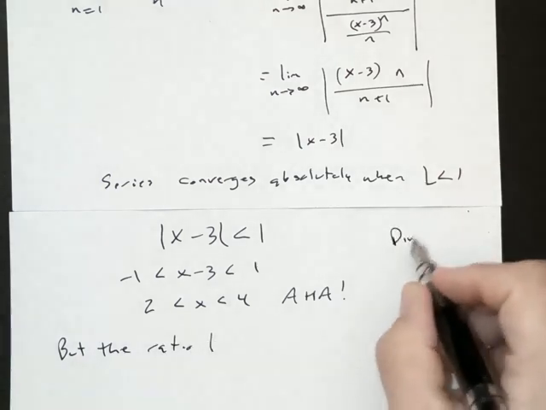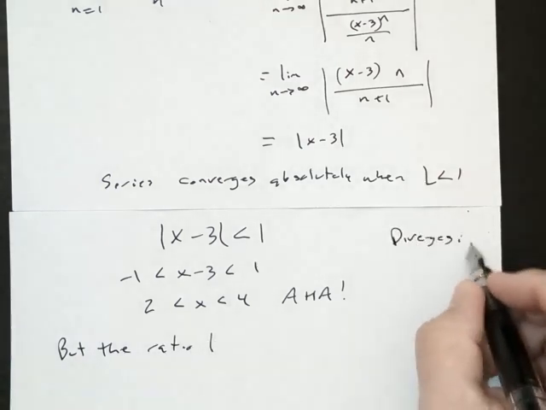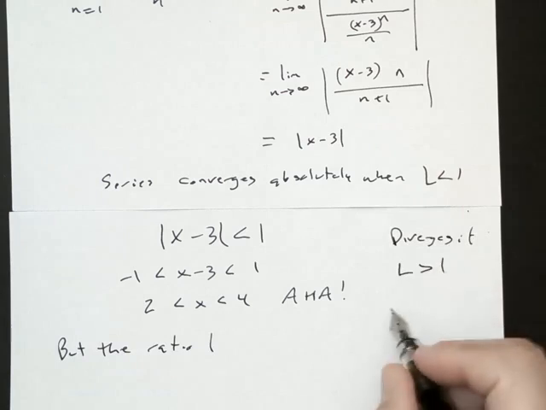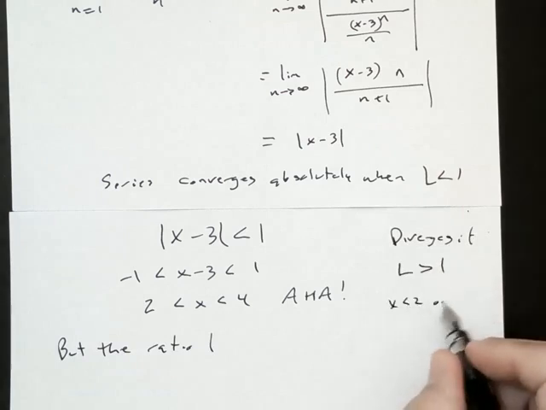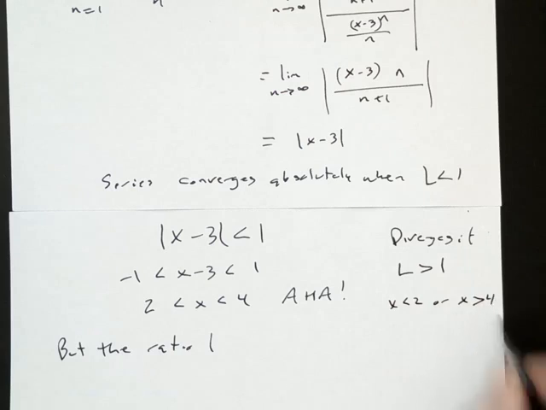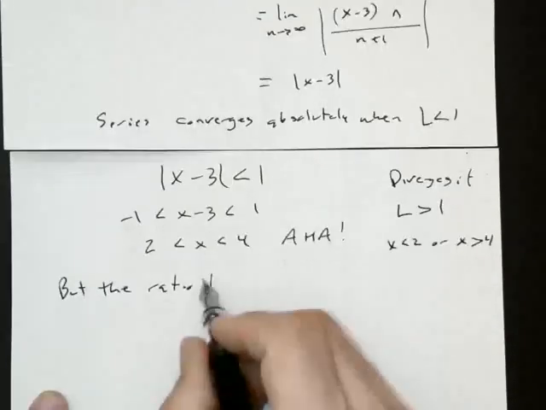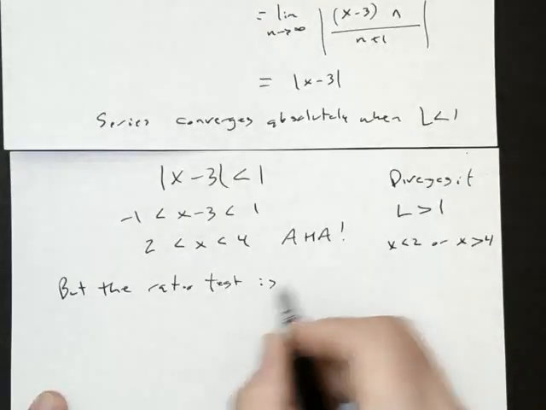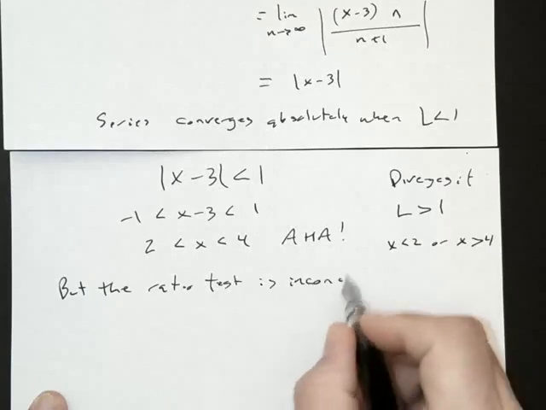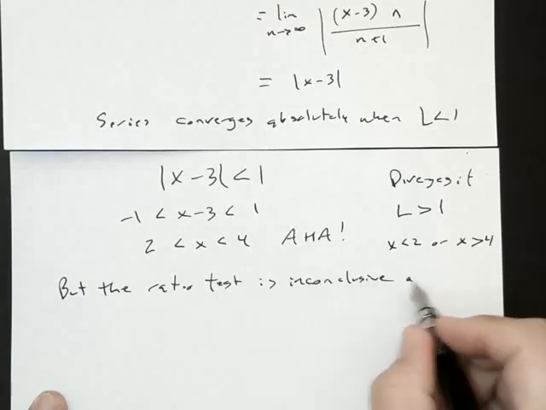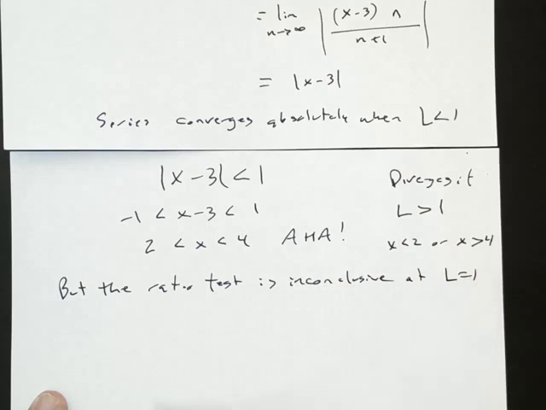Oh, wait a minute. Let me write over here. Diverges if L bigger than 1, x smaller than 2, or x bigger than 4. Ratio test is inconclusive at L equals 1.